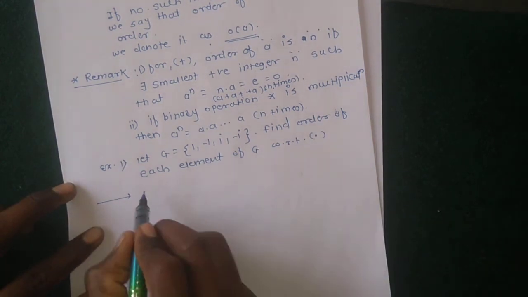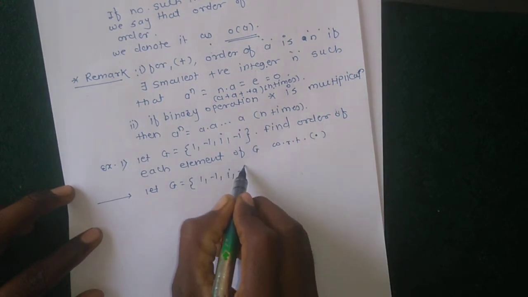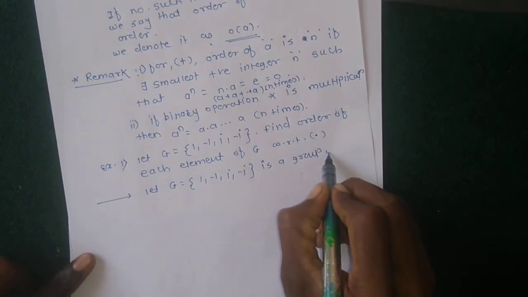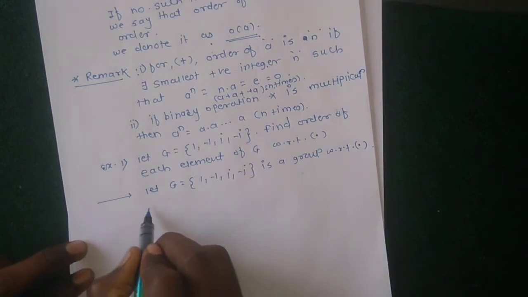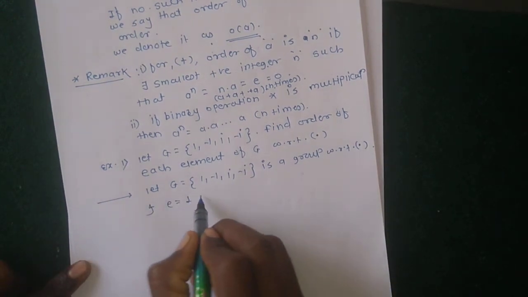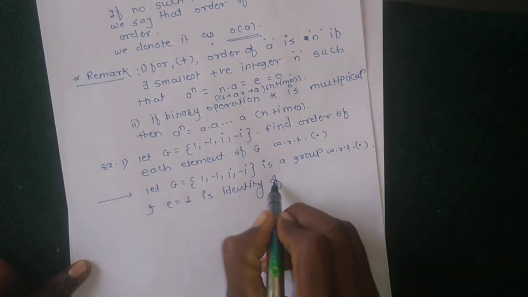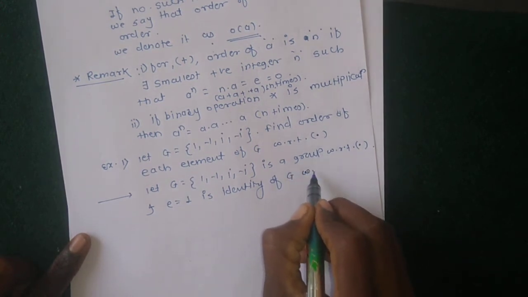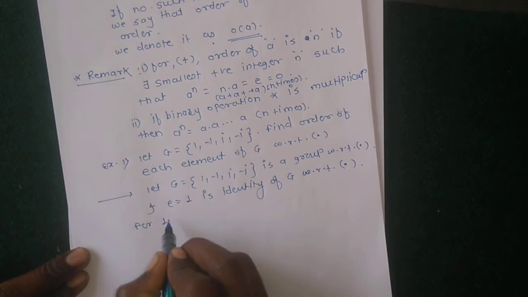First, let G equal 1, minus 1, i, minus i, which is a group with respect to multiplication, and the identity e equal to 1 is the identity of G with respect to multiplication.